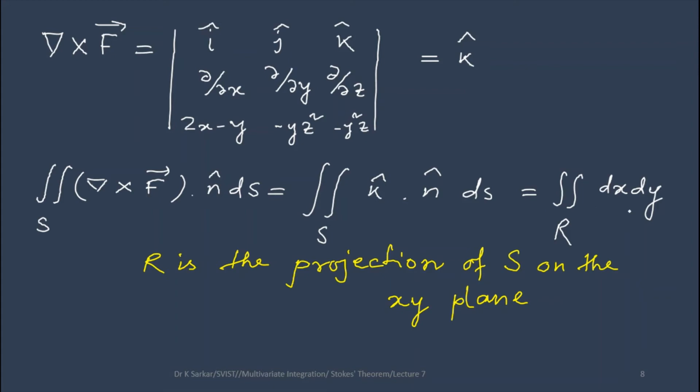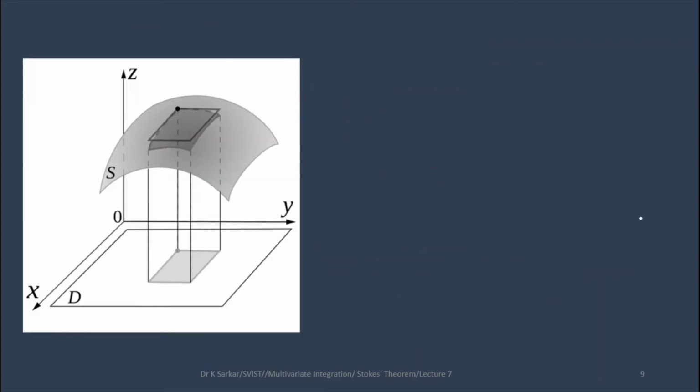So let us try to understand how it is dx dy. Look at the diagram here. This is a small area on the surface S, ds. Along z, the unit vector is k, along x the unit vector is i, and along y the unit vector is j, as we know.